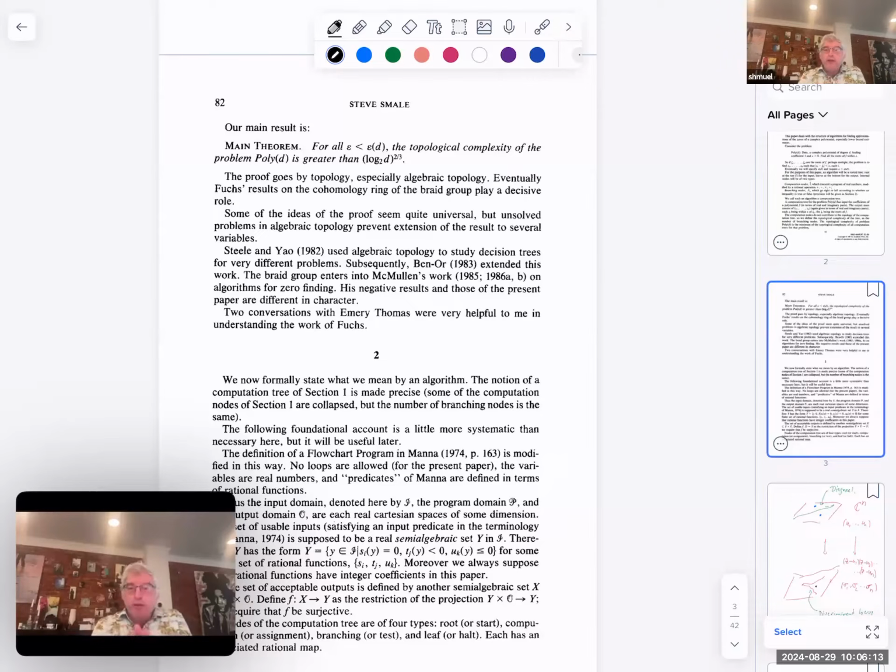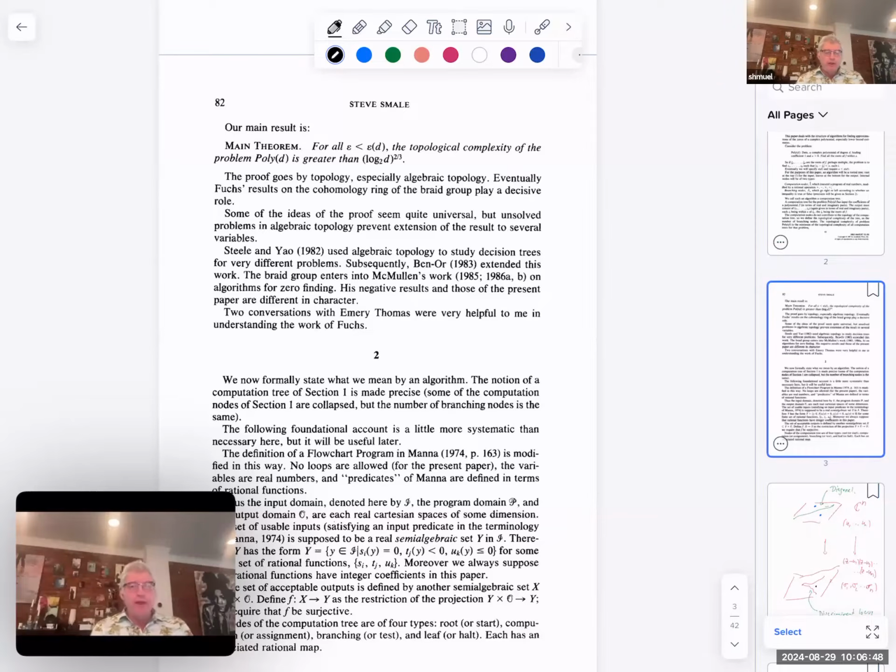So there are these forking steps in the course of a computer program, and the question is, as you vary the coefficients, how many different kinds of paths through this tree are there? We're not imagining that the program loops back to itself. If it does, you should really look at, so to speak, the universal cover of the program, so that it's really a tree. And the question is, how many paths through the tree do you see during the course of solving this problem, which the fundamental theorem of algebra says can always be solved?